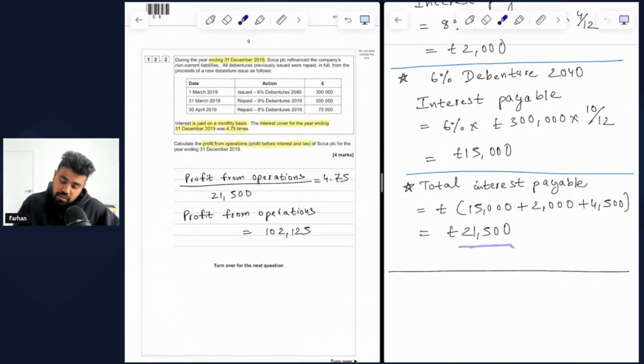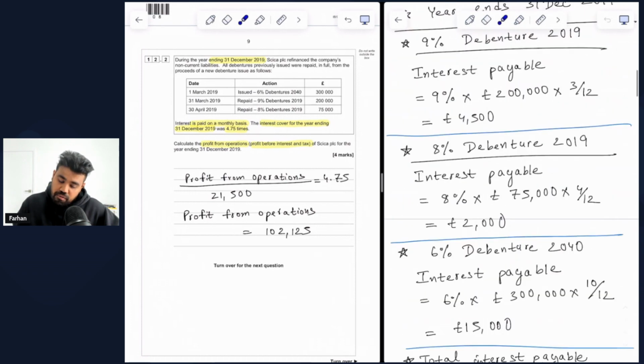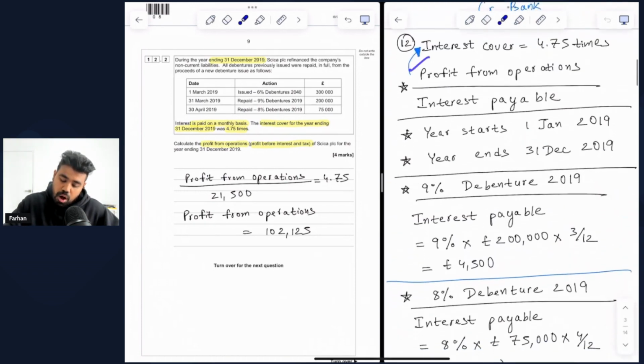So using the formula for interest coverage, which is profit from operations divided by interest payable, we can use algebra and derive the amount for profit from operations. If you check the left-hand side of the screen, you will see that I have replaced the interest payable by 21,500. So this is the main equation for interest coverage.